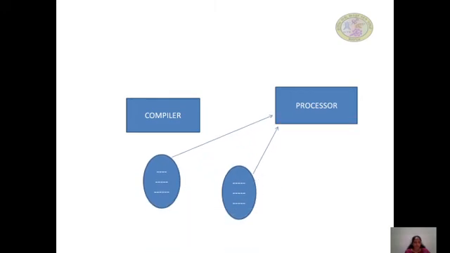It will choose the operations that can be performed together so that there will be no dependency between them. So the compiler forms a group which contains multiple standard instructions with no dependency between them, and that group is given to the processor for execution.